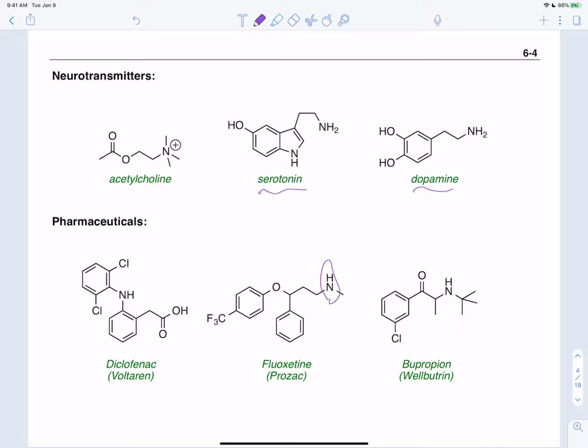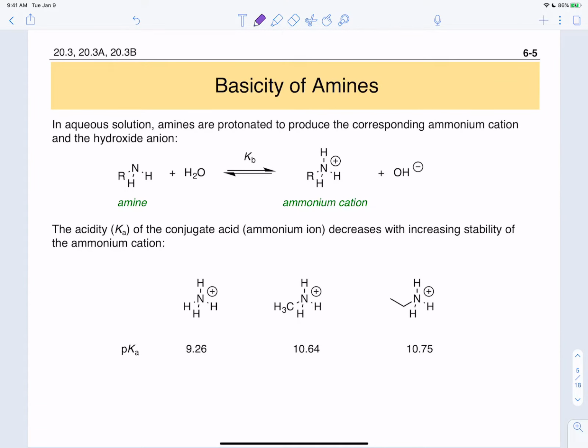We can see the nitrogens are present in all of these molecules. This allows for hydrogen bonding within receptors in the body many times, or hydrogen bond donation. So a lot of times amines are key functionalities that will be able to bind to their targets and interact with either proteins or other types of receptors. But again, this is mainly just for reference, a little bit of background. We need to get into the actual chemistry.